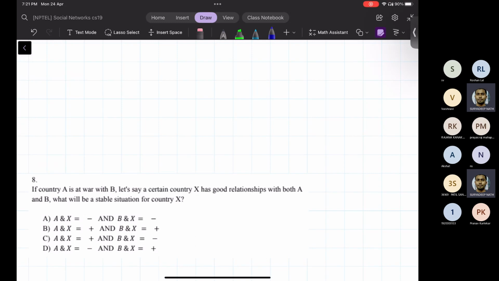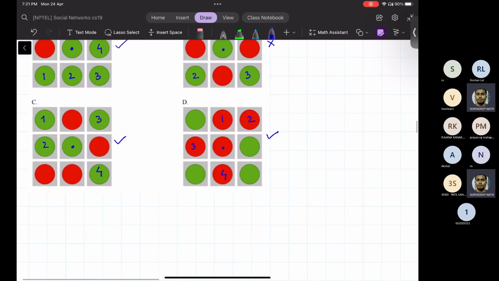Okay, so if T is 25% in the Schelling model, what is the minimum number of same type of neighbors a node should have in an 8 cross 8 Schelling model? In an 8 cross 8 model, you have this center node and 8 surrounding nodes around it.